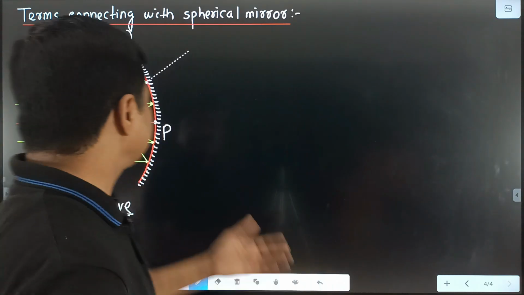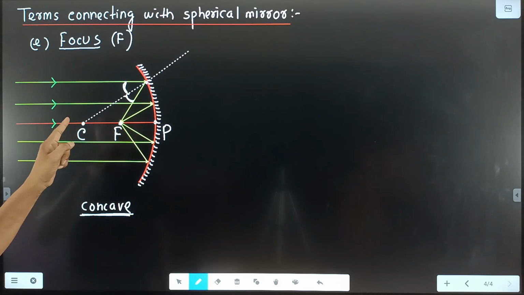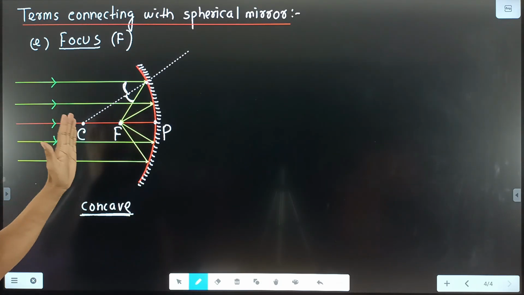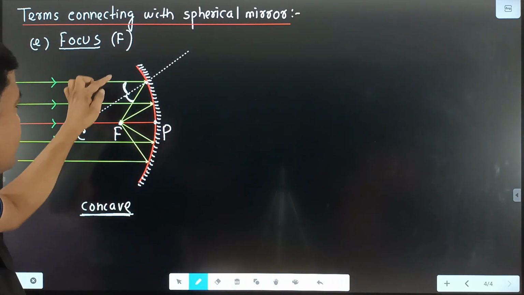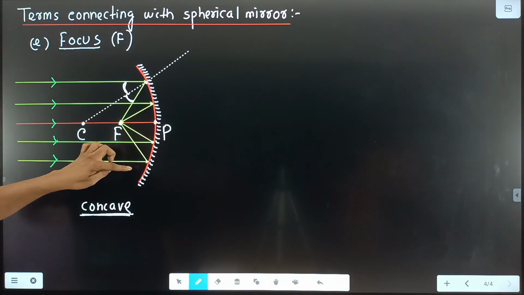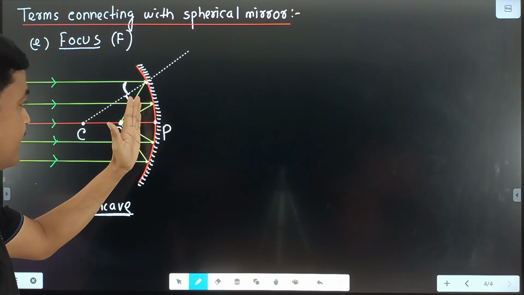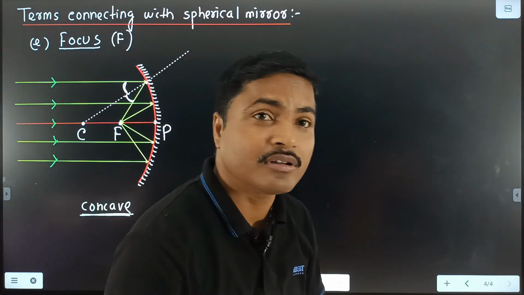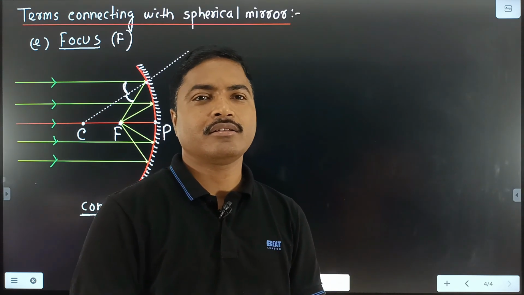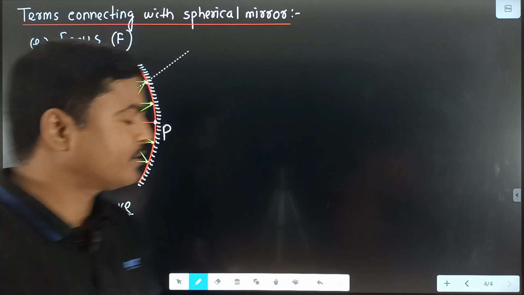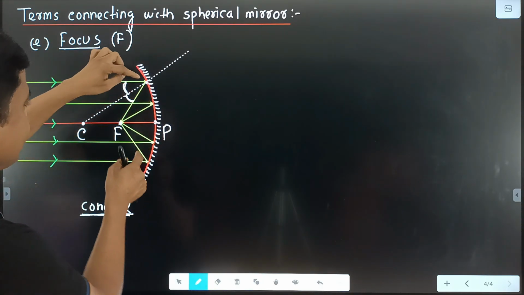Clear? In a concave mirror, the focus and center of curvature both are situated in front of the reflecting surface, because the inner surface is the reflecting surface.